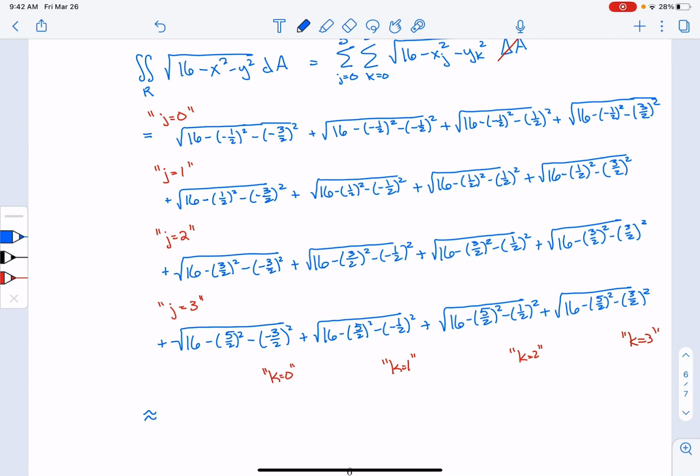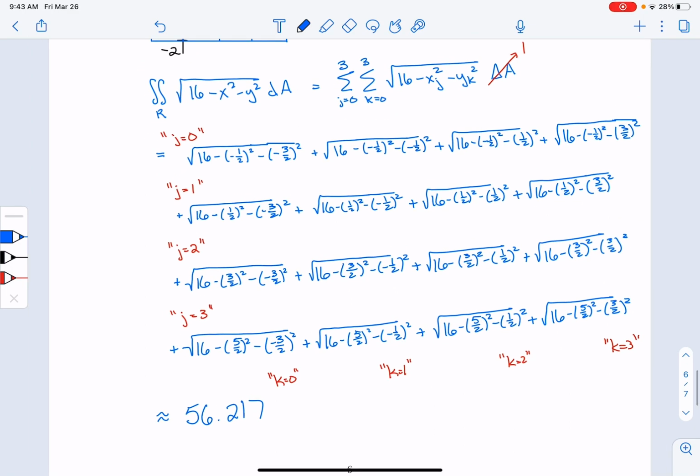It's usually helpful to use some sort of calculator or software to do this. They can be set up in all sorts of different software. I actually like setting this up using Desmos, but this is going to be approximately 56.217. So that's going to be the volume underneath that hemisphere within that rectangle.